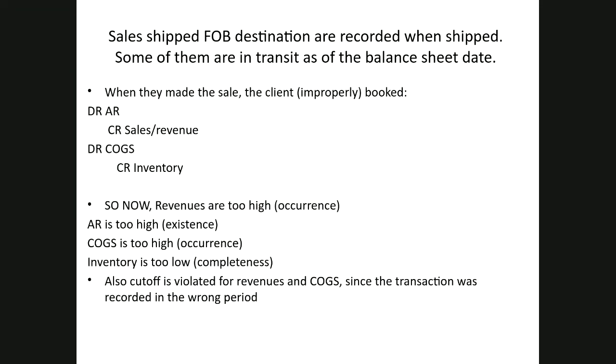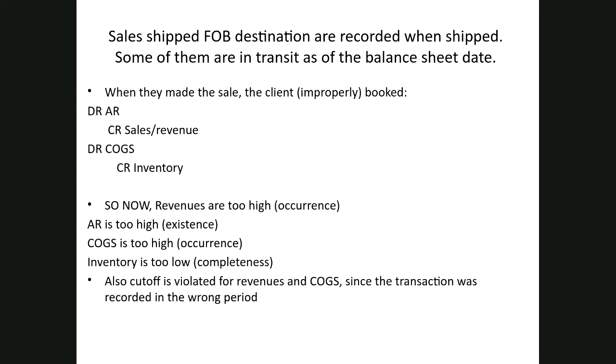In terms of which accounts are affected, the easiest way, in my opinion, to figure this out is to write out the journal entry that the client would have made. And sometimes it's a journal entry that they should have made, but didn't. But in this case, it's one that they did make that they shouldn't have.